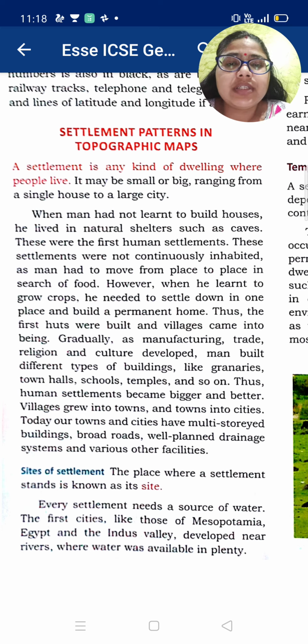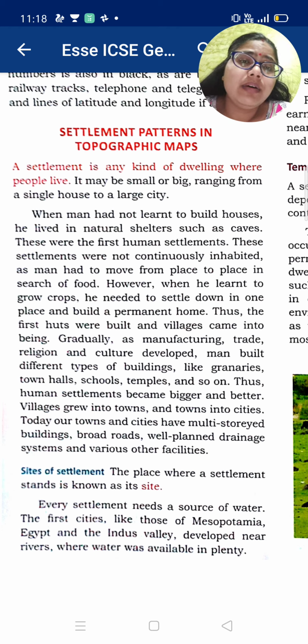Thus, the first huts were built and villages came into being. Gradually, as manufacturing, trade, religion, and culture developed, men built different types of buildings like granaries, town halls, schools, temples, and so on. Thus, human settlements became bigger and better.